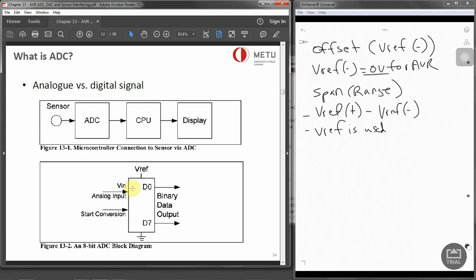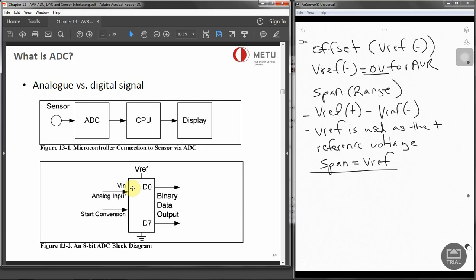We can say that Vref is used as the bus reference voltage. So we can actually say that span is Vref. Another important characteristic is the resolution. We have already mentioned in DAC that resolution is important for judging the criteria for ADC or DAC converters, because resolution is actually telling you the accuracy of the conversion.